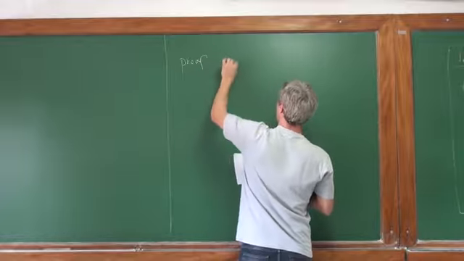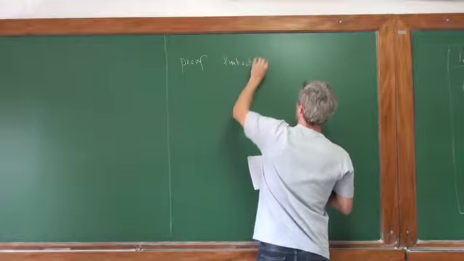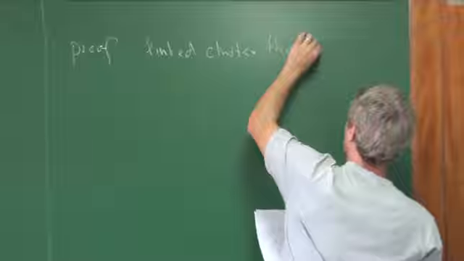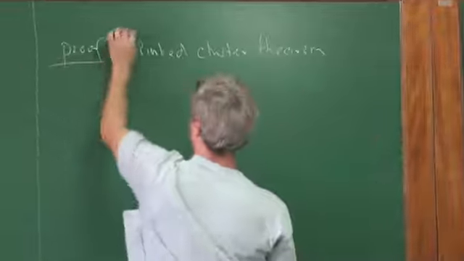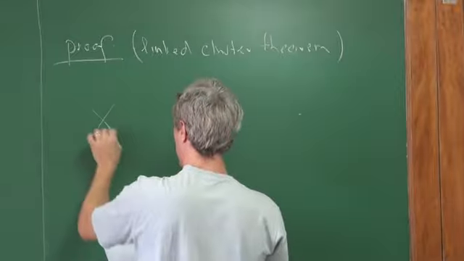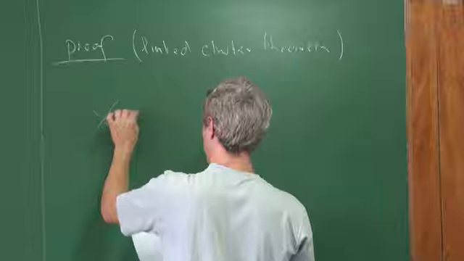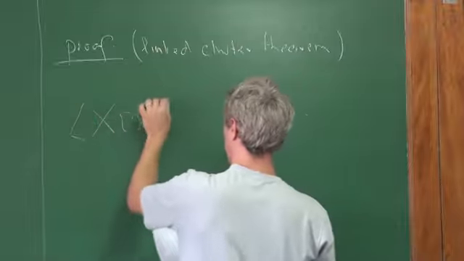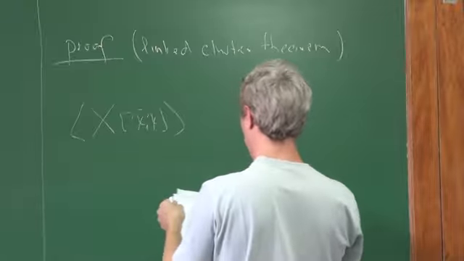So, the proof of the cluster theorem. Okay, so let's start out from a generic expectation value in terms of fermionic variables, psi bar psi.